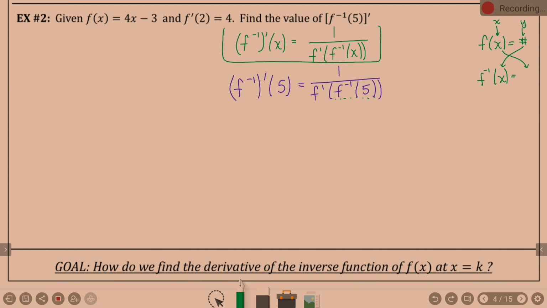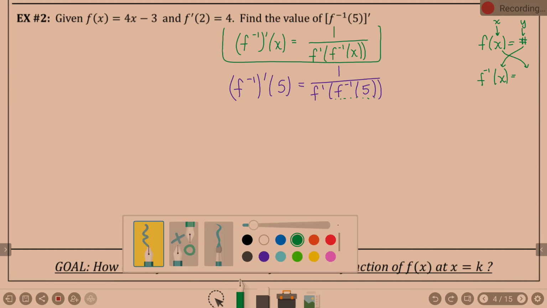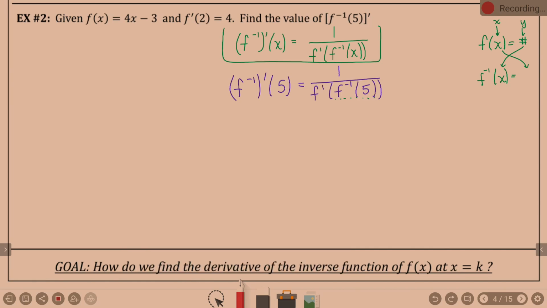Okay, so we're going to sidebar for a moment. I guess I'm full of sidebars today. F of x is another name for what? Y. So this equation is y equals 4x minus 3. Keep in mind, we need to know f inverse of 5.